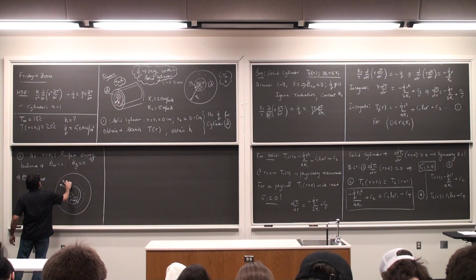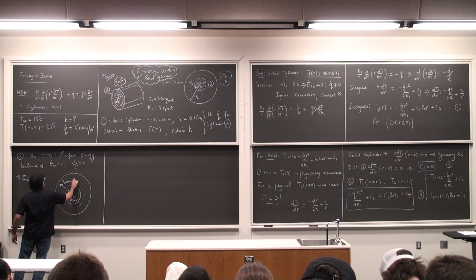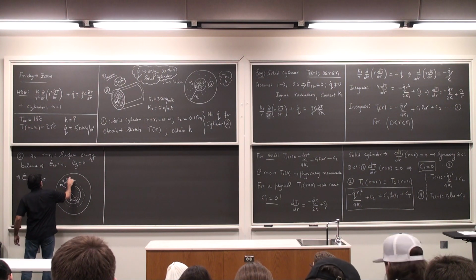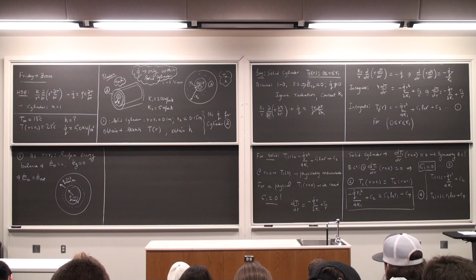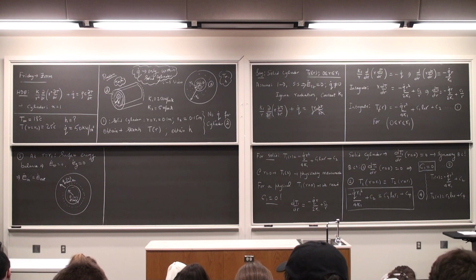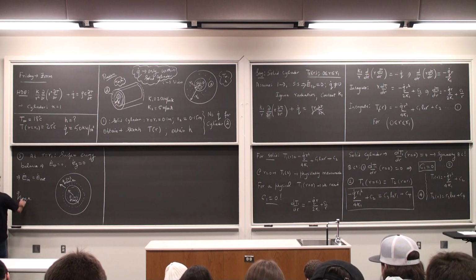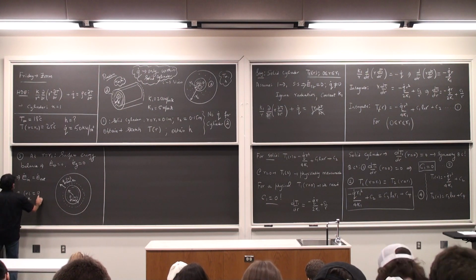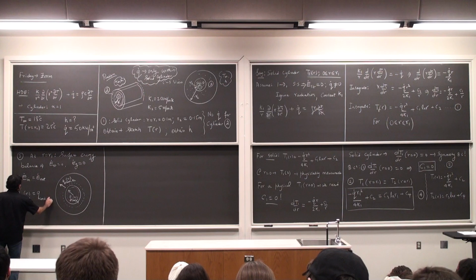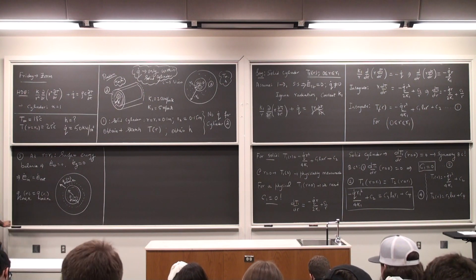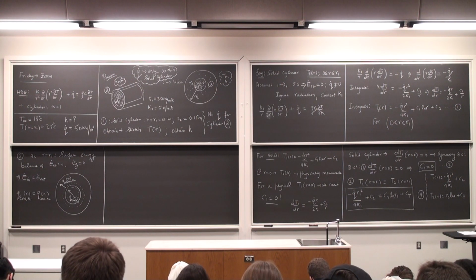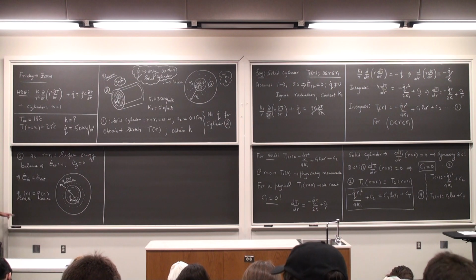This is Q conduction K2 at R1. That's energy in, this is energy out, so Q conduction for material K1 is equal to Q conduction for the material K2 at the same radius R equals R1.